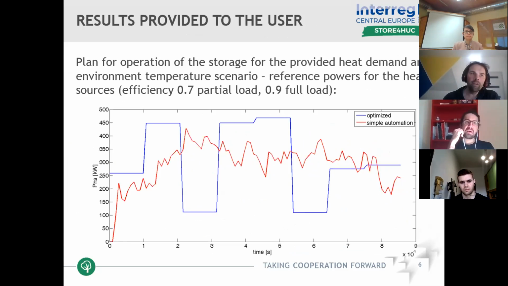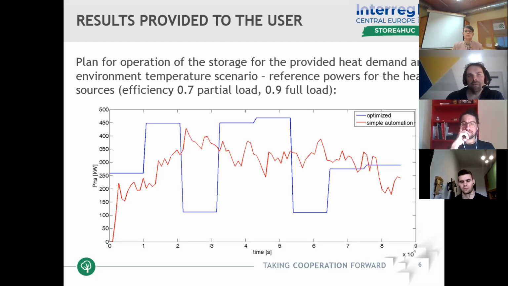The blue line given here would be the main output from this module, telling us how we should run our heat sources, with how much power they should be engaged over time in order to be as efficient as possible. In this case, for whites, we wanted to minimize the primary energy used, so the biomass needed to be used to actually run the boilers.